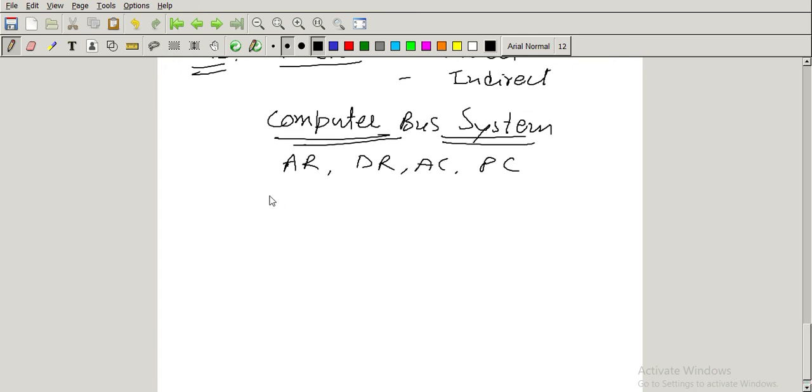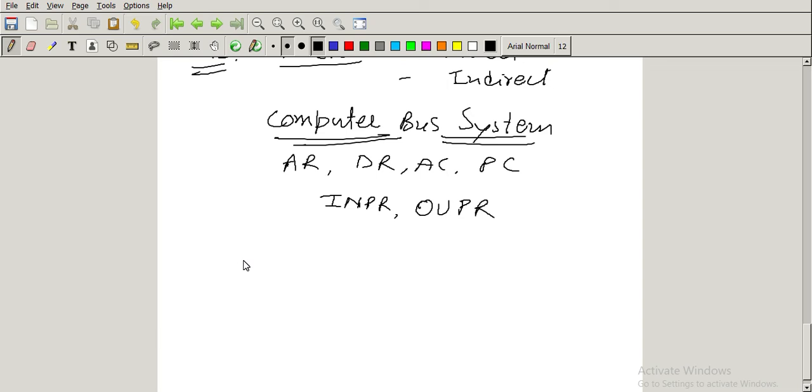All these registers, including the input register and output register, are connected to the bus and with each other, right? So you have to explain the diagrams, including all the registers and their purpose, what they are going to achieve with these registers, and what the functions of these registers are in the computer, right?